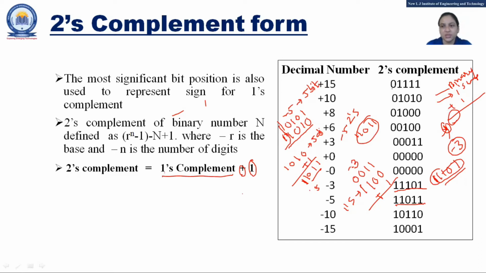Now, the positive number remains the same. As you can see, that is 0 for the positive sign and 4 bits for the 10. 1010 is the binary equivalent of 10, and the 0 is for positive.